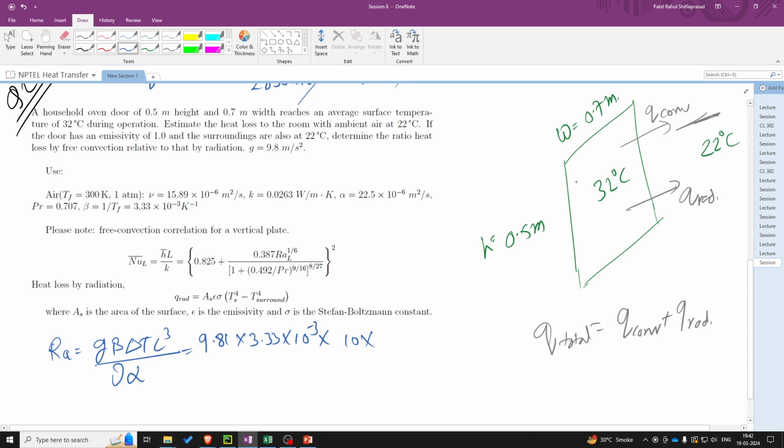For convection, you always need to treat this vertical height as the length, that is 0.5 meter, cubed, upon nu, which is 15.89 into 10 raised to minus 6. The alpha is 22.5 into 10 raised to minus 6.